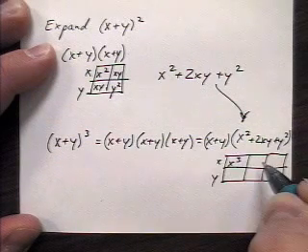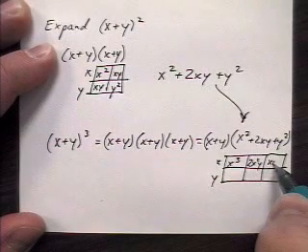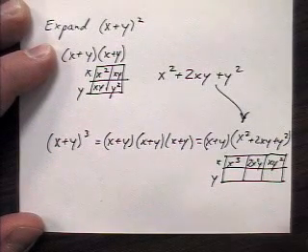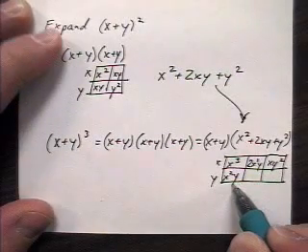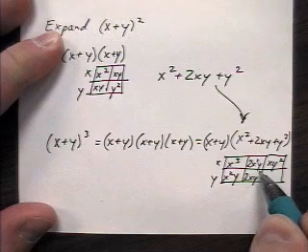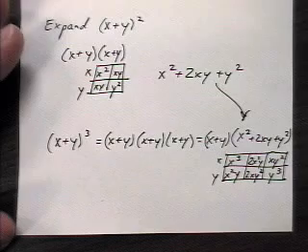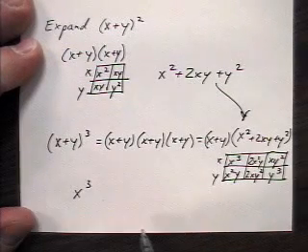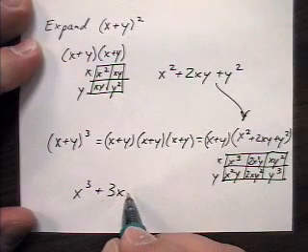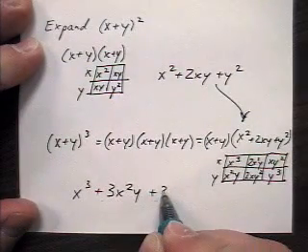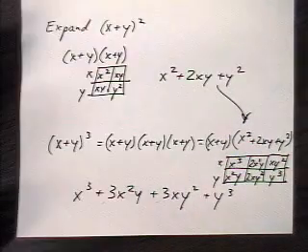I get x cubed, and 2x squared y, and xy squared, and x squared y, 2xy squared, and lastly, y to the third. That would give me x to the third plus 3x squared y plus 3xy squared plus y to the third.